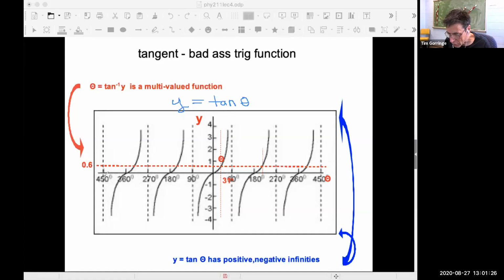And if you look at the horizontal axis, 0 is right here. There's 90 degrees, that's a right angle. There's 180 degrees. So there's 360 degrees here. You're going completely around a circle over here.